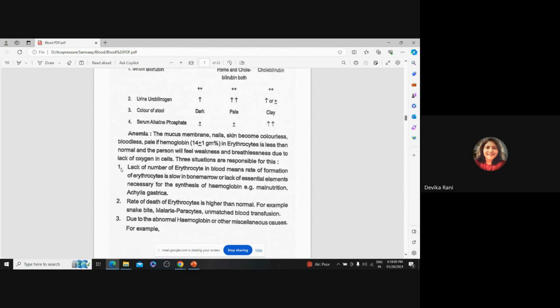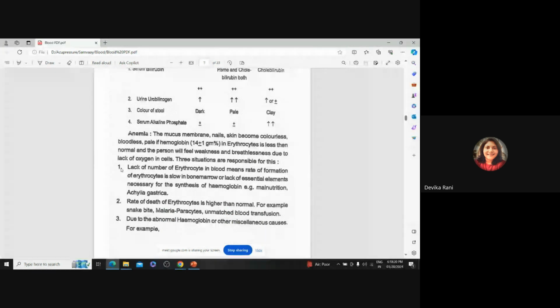Now we come to anemia. So anemia is a condition where you don't have enough healthy red blood cells in the body. So what happens then?